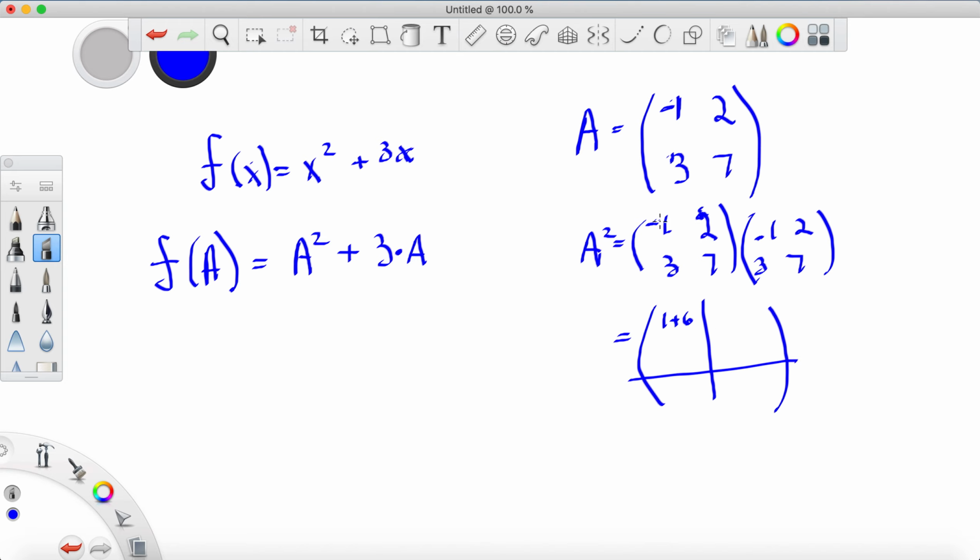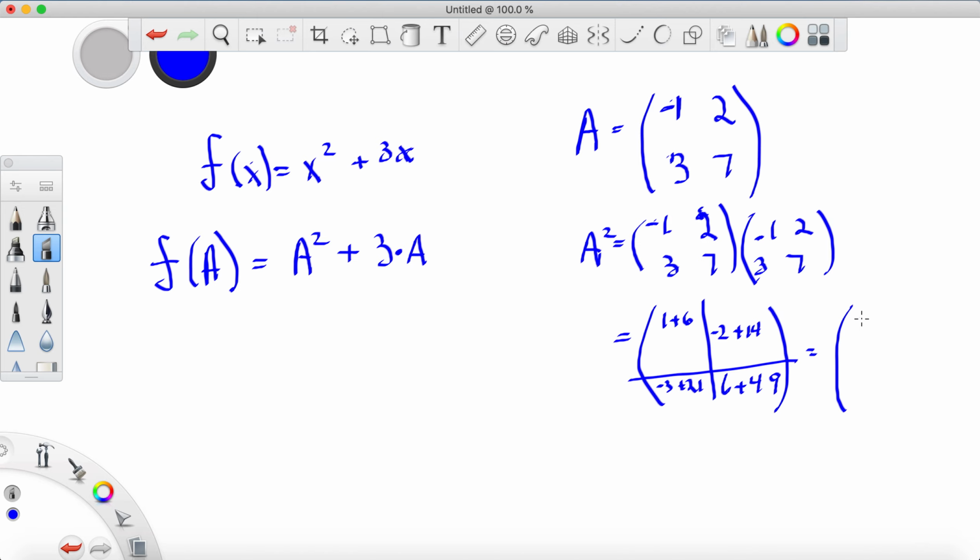For this next entry, it's going to be -1 times 2, which is -2 plus 14. 3 times -1 is -3 plus 21, because 7 times 3, right? And then for the final entry, it's going to be 3 times 2, which is 6, plus 49 for 7 times 7.